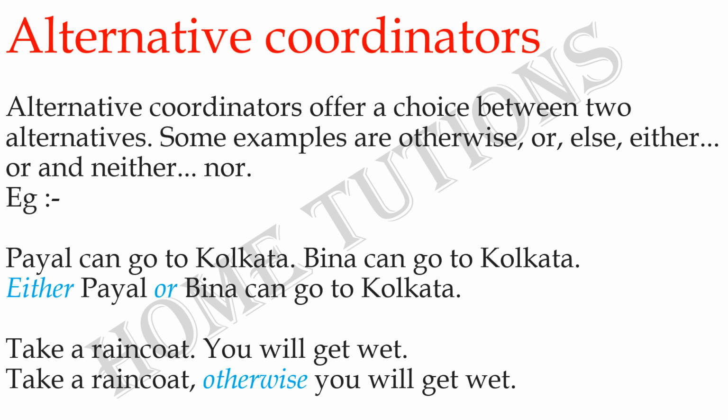So here we can join these sentences like this. Either Payal or Beena can go to Kolkata. So here can you see the words "either" and "or" are showing the alternatives, that either Payal can go or Beena can go.